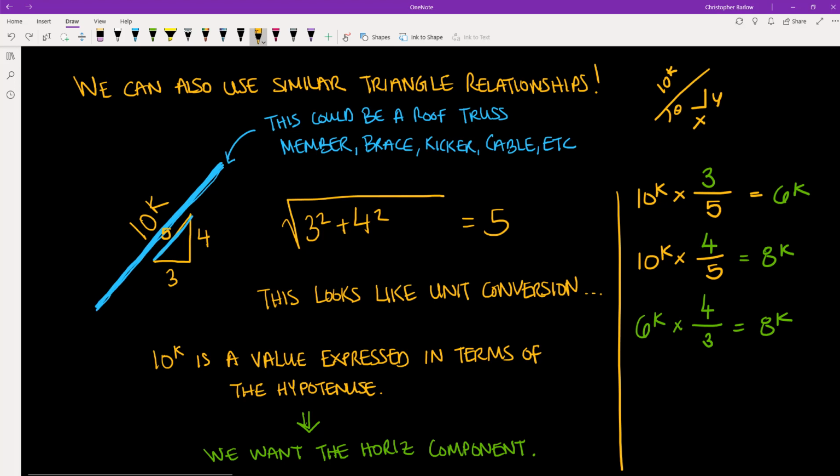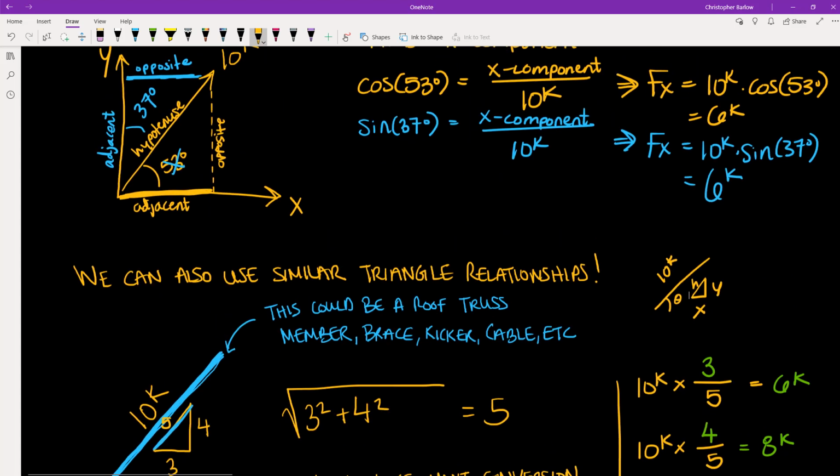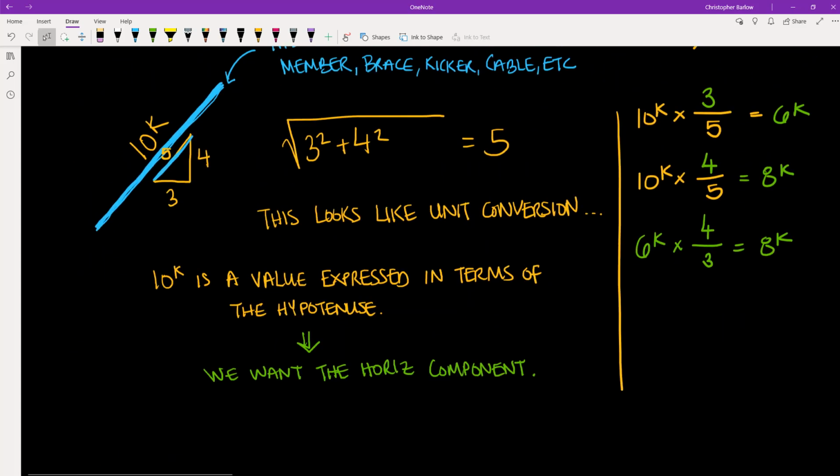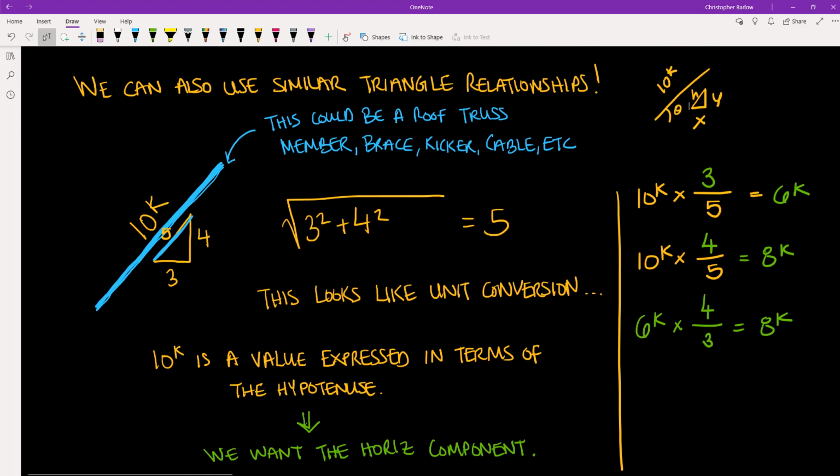What I would personally recommend that you do is that you solve for this similar triangle relationship and use this kind of mathematical procedure. But, of course, it's up to you, whatever you are most comfortable with, whether it's trig functions or similar triangles. Ultimately, it's up to you, whichever you prefer.